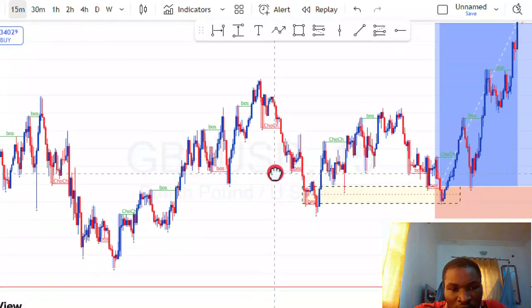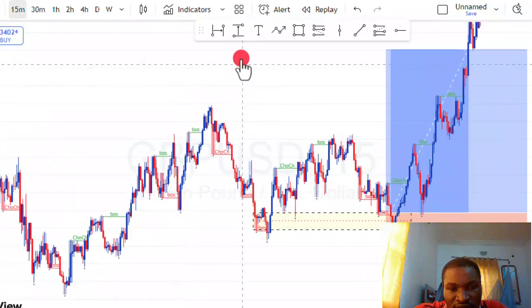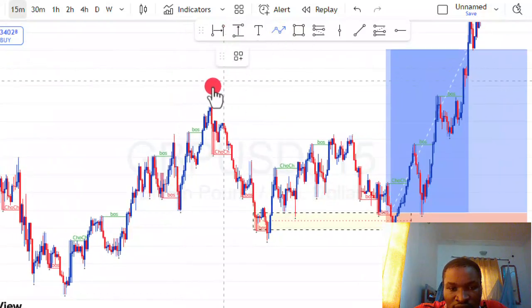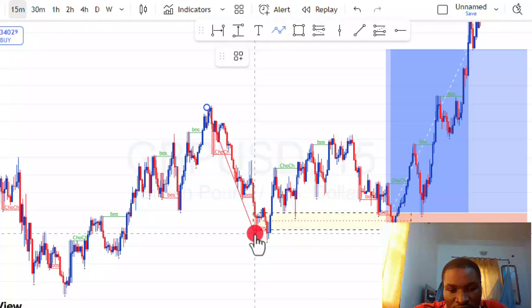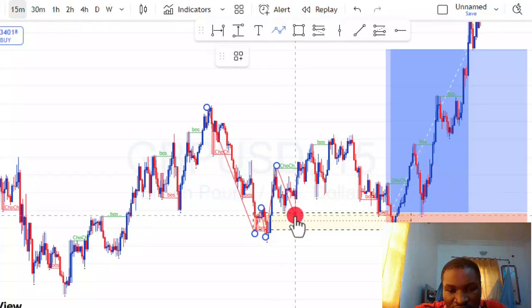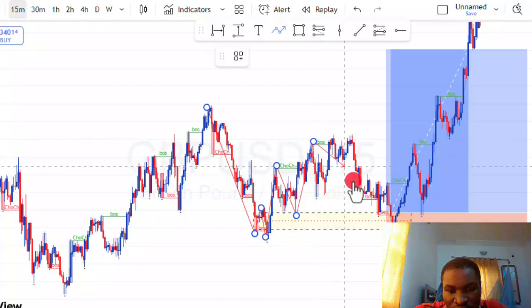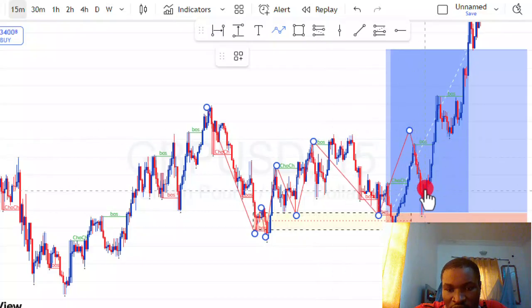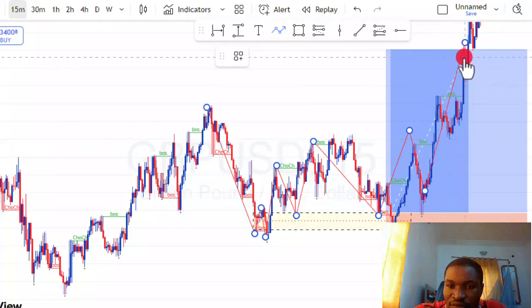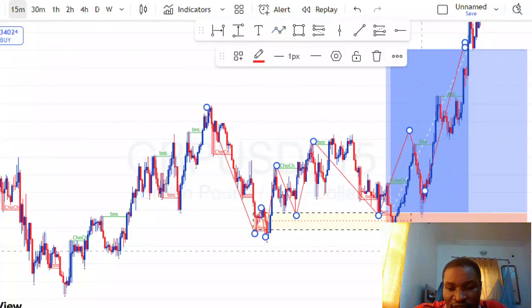So we had this, before we now had this sweep. Price moved like this, giving this inducement, break of structure, then coming back to the entry, then following it. That is it. Boom. So that is it for this.